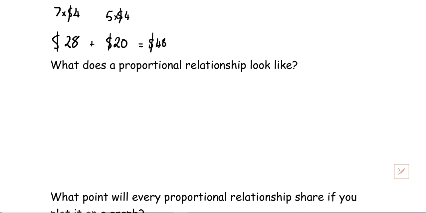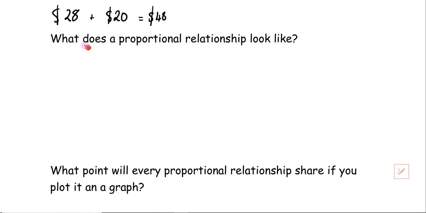Right. Marley, you got up and moved. I want you to answer this question: what does a proportional relationship look like? You knew this answer yesterday. Straight line. Yeah, there you go. It looks like a straight line.